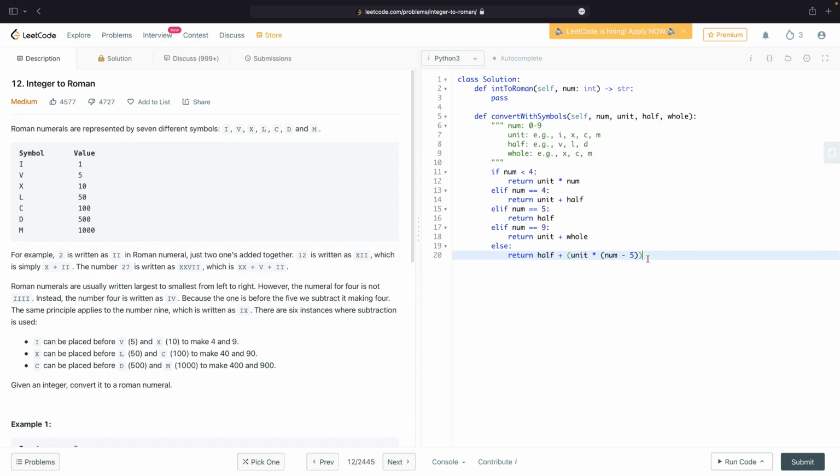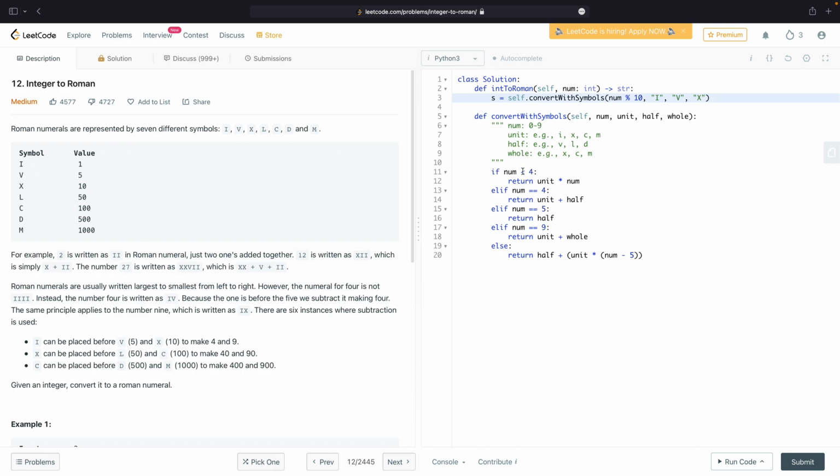So the reasoning here is, let's do this with convert with symbols of num mod 10, and we'll feed it I, V, and X. Now in this case, obviously it works.